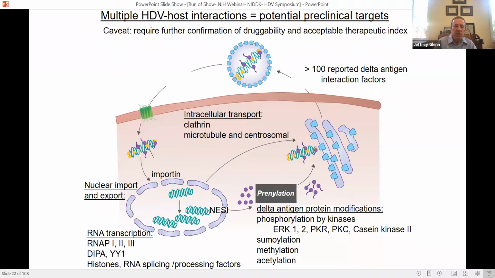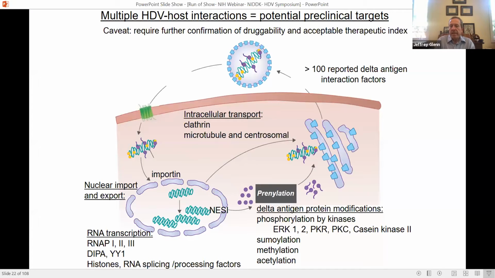Now, there are many host delta interactions that have been described, some of which are categorized here. And these are all potential preclinical targets. So these involve different host factors involved in nuclear import and export, transcription machinery that's hijacked by the virus for replicating its genome, as well as other delta antigen modifications in addition to prenylation, which include phosphorylation by a variety of host kinases, sumoylation, methylation, acetylation.